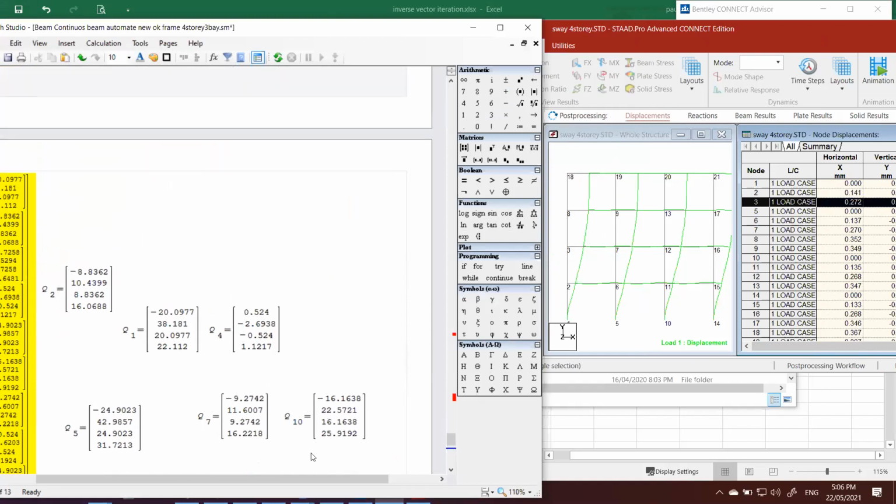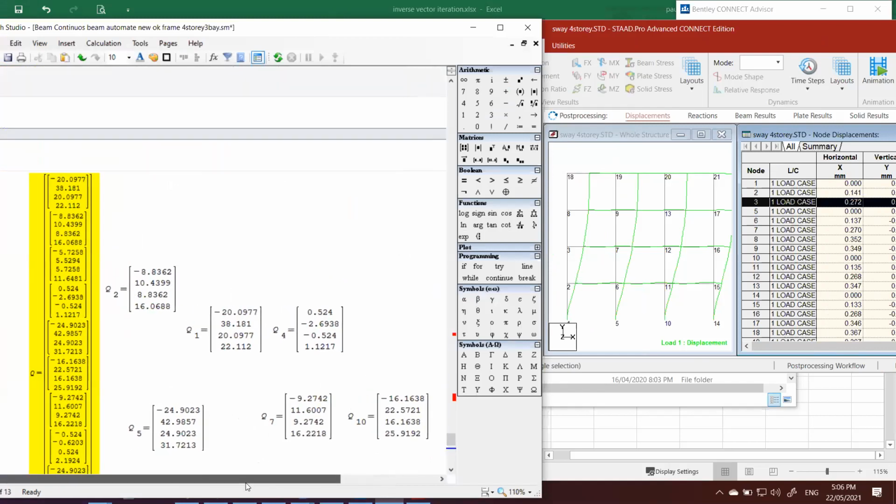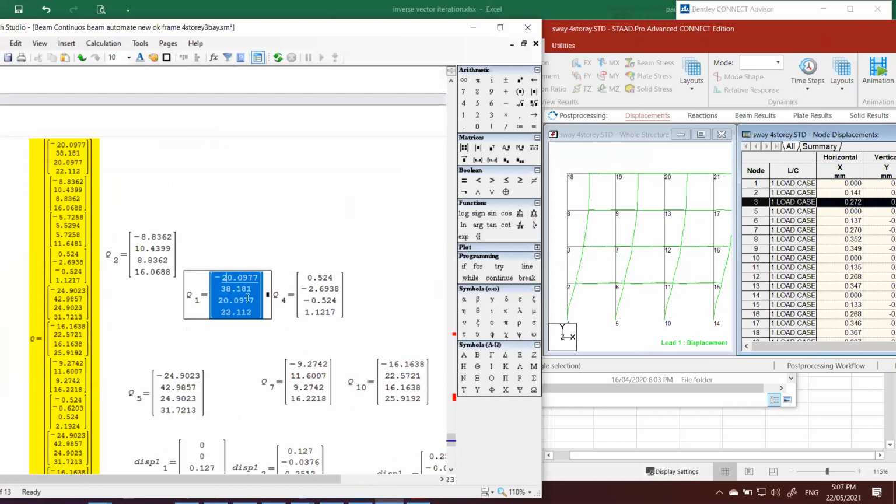So for the reaction, Q1, this is already the reaction, no? Q1, 20 and 38.